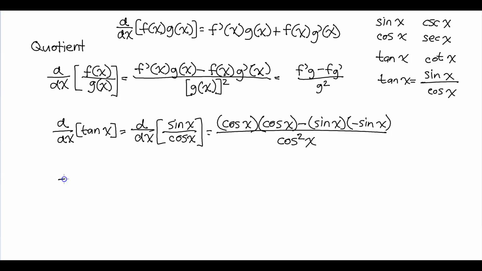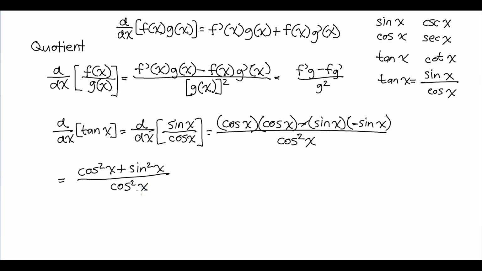Now if you were to simplify the top, you get cosine squared of x plus, the negatives cancel out, sine squared of x over cosine squared of x.